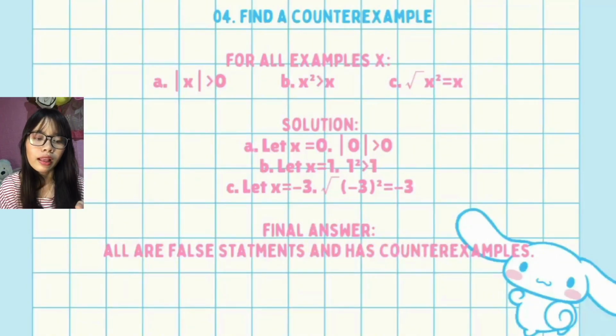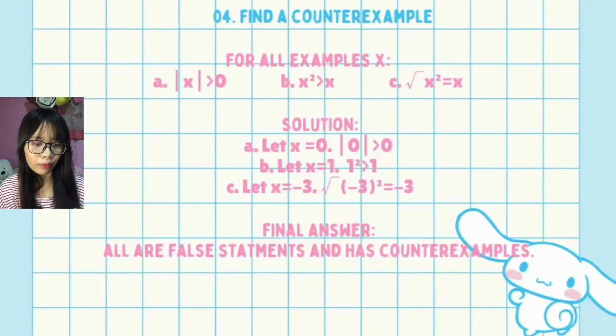Thus, for all numbers, x is greater than 0 is a false statement. Let's proceed sa letter B. Let x be equal to 1. Then we have 1 to the power of 2 is greater than 1. Pero since 1 is not greater than 1, we have found a counterexample.